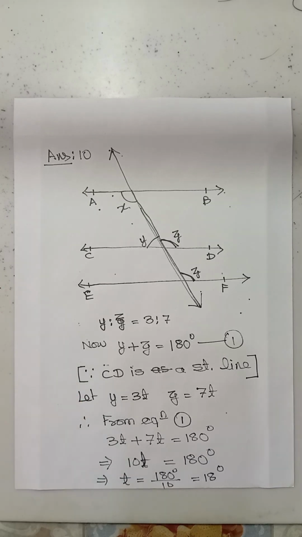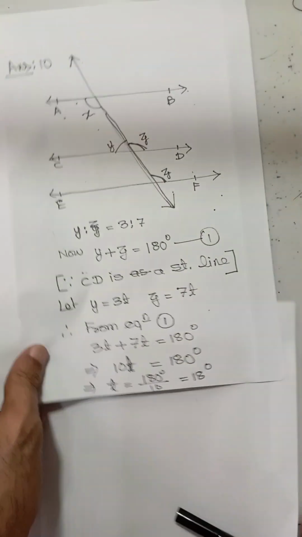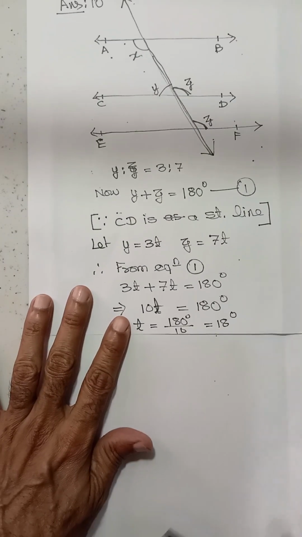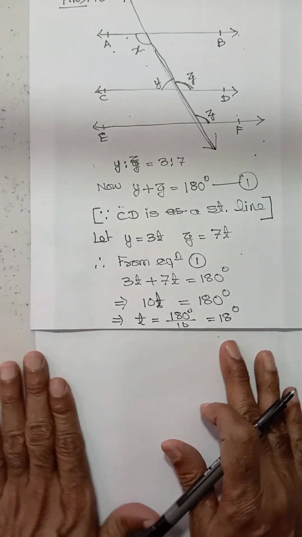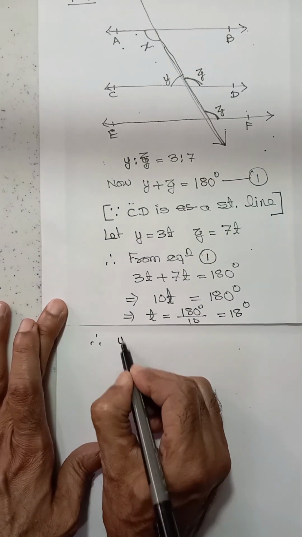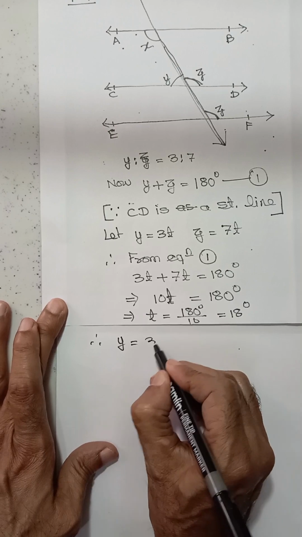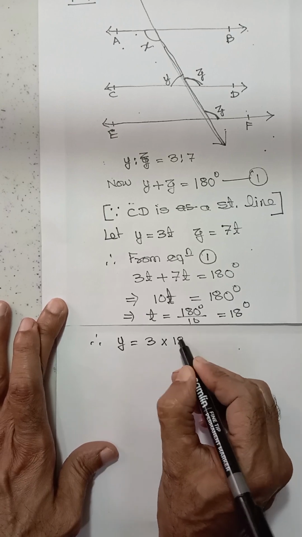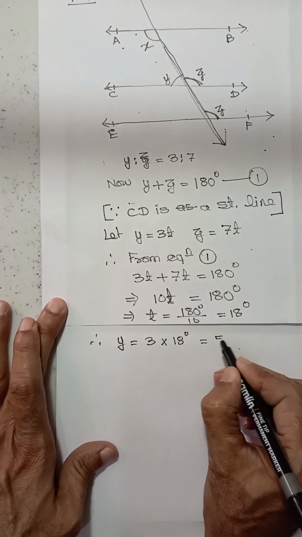Now, t we have got. Therefore, see the equation above. Y was 3t. Therefore, Y will be 3 into 18 degrees, which is 54 degrees.